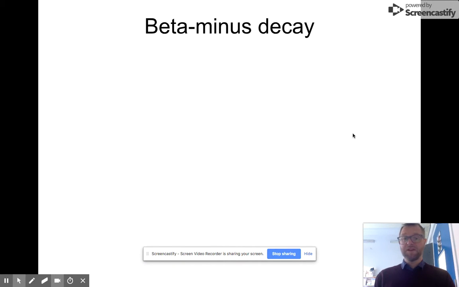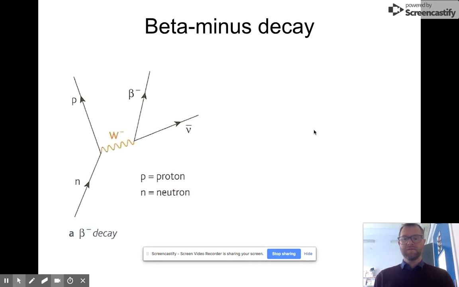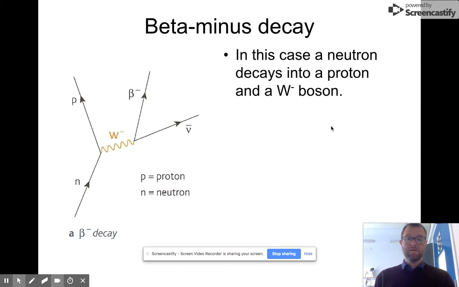Okay, beta- decay. So in this case, we have a real decay situation. We have a neutron, and the neutron just randomly turns into a proton. And for this to take place, again, we have to have a W- boson interaction, and this again maintains the charge.